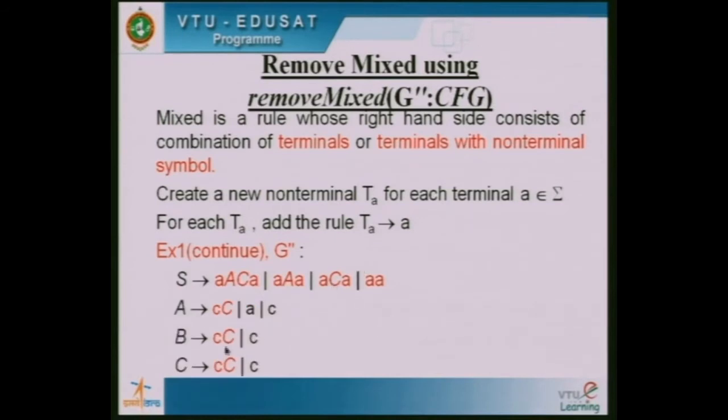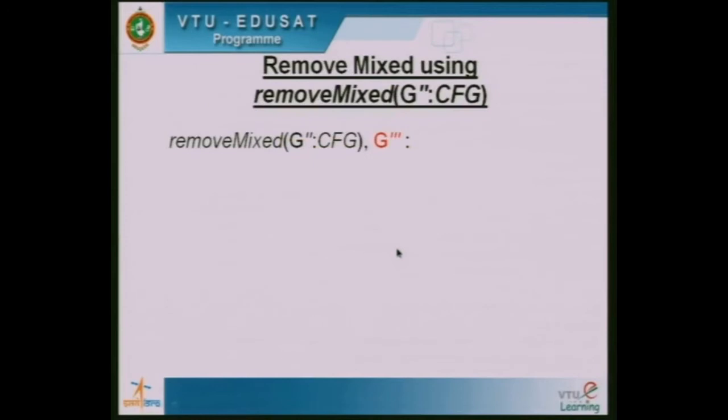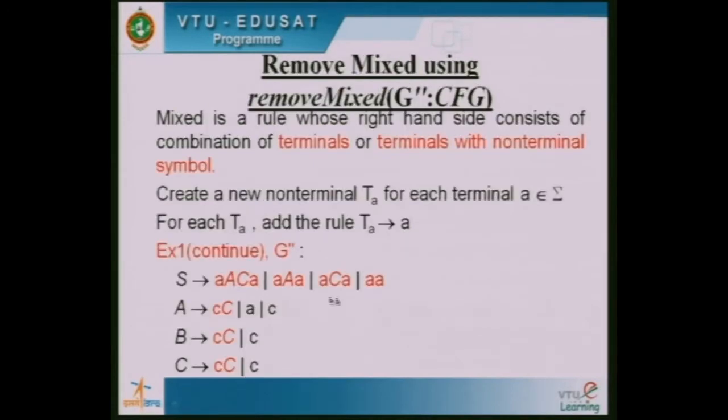So this is the grammar as an input for removing the mixed productions. If you see here, one terminal, two non-terminals, a terminal, non-terminal, terminal. So all these rules in red are mixed productions. So what to do? We have to create a new non-terminal for each terminal symbol and add the rule.